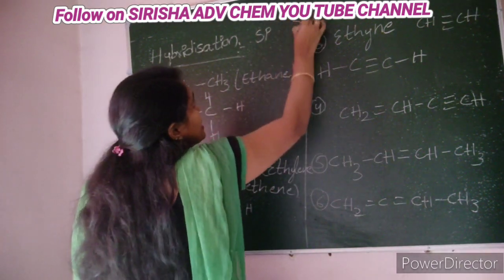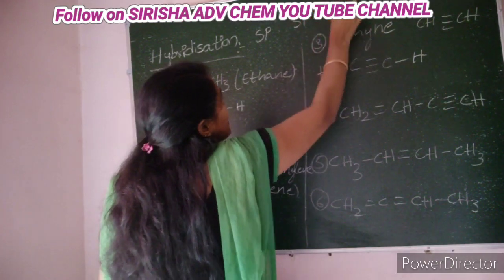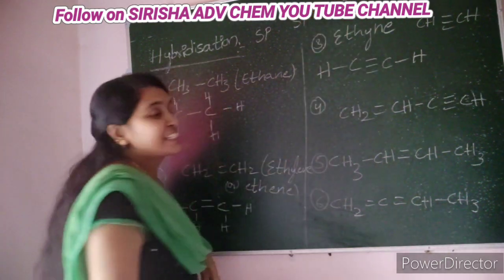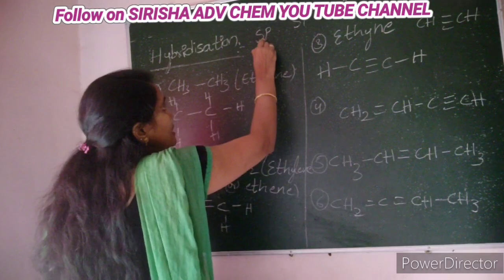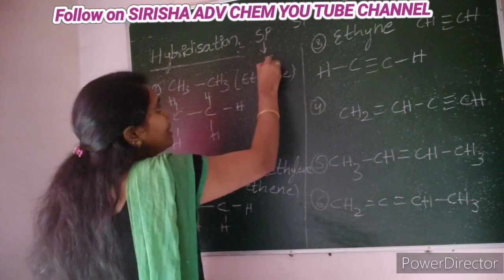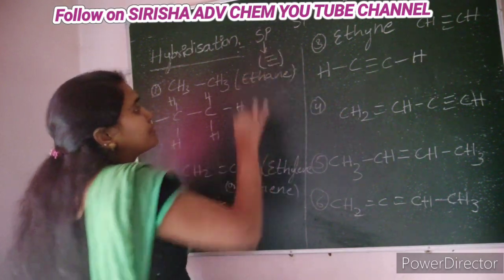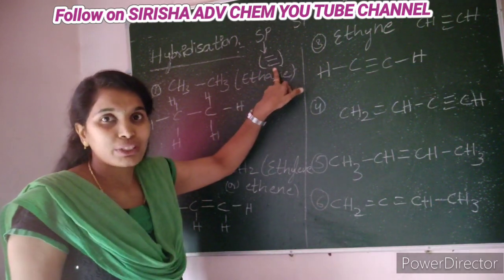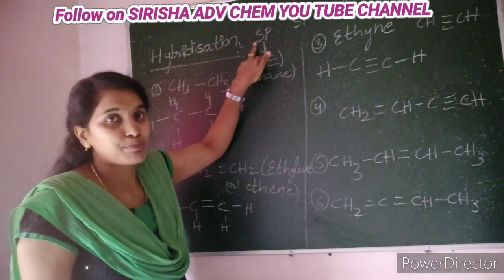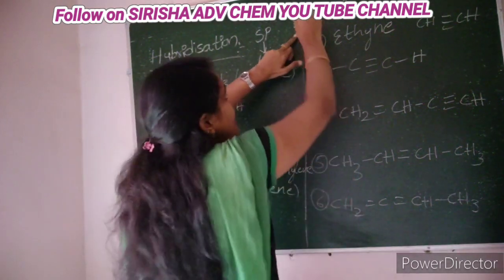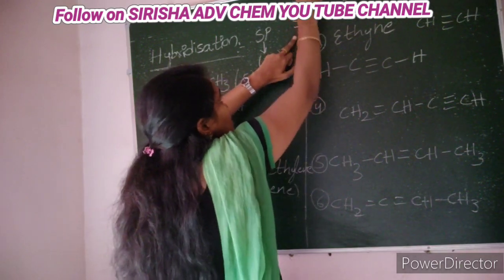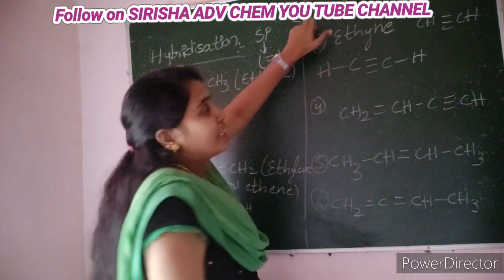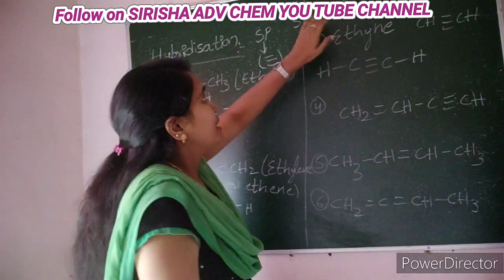sp, sp2, sp3. By seeing the bond, sp means a triple bond. If a compound has a triple bond, we call it sp hybridization. Next, if it is a double bonded compound, that is called sp2 hybridization.